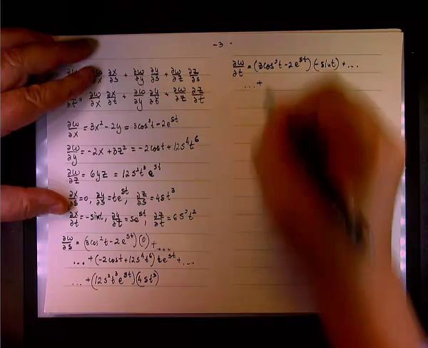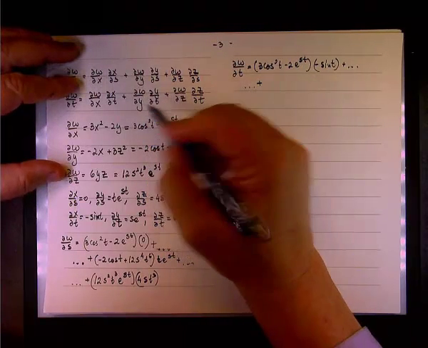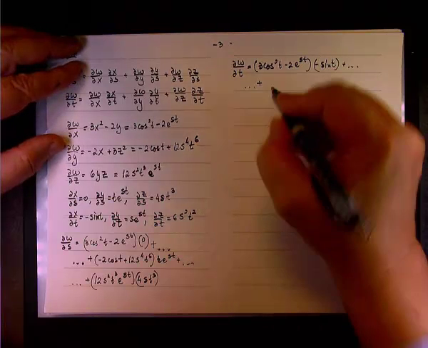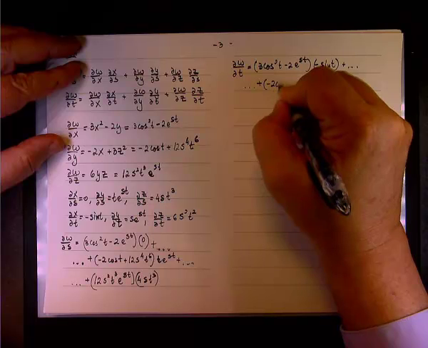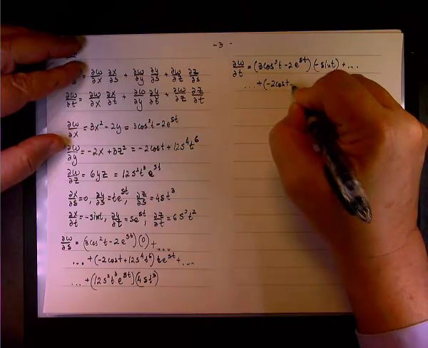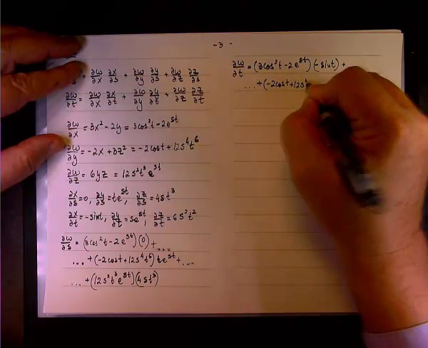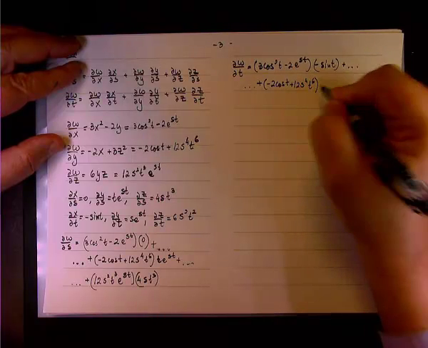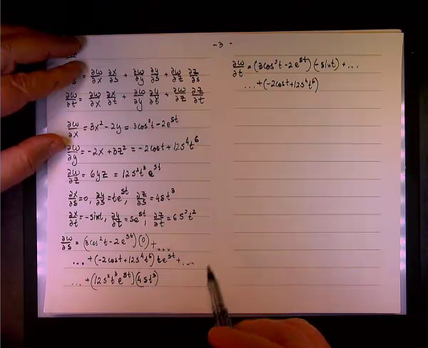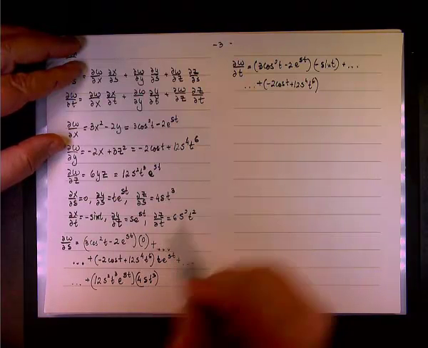Now we'll do del w del t. Again, I need del w del x, which we have already. So it's this quantity, 3 cosine squared t minus 2 e to the st, times, this time, del x del t. Well, del x del t is negative sine t.